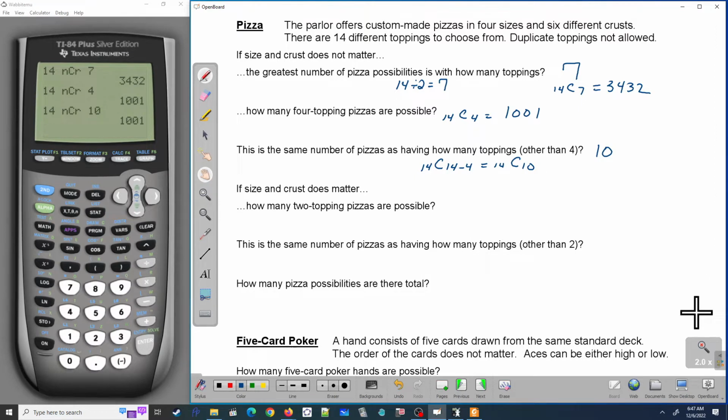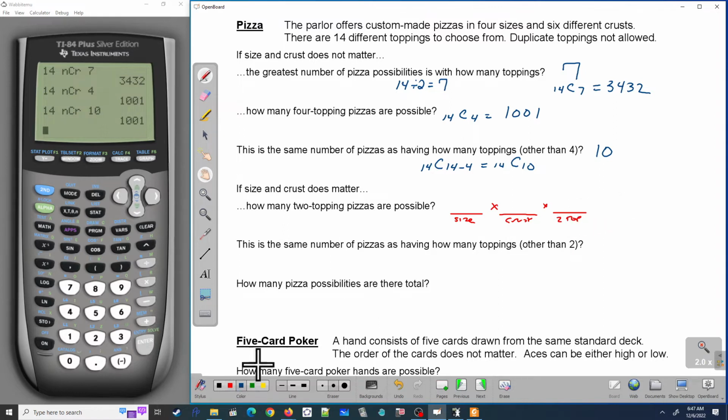Now let's go ahead and add our size and crust options as well. And I would like to know how many 2-topping pizzas are possible. So in some respects, we're going to do the multiplication counting principle because I'm going to need to determine the size. I'm also going to need to determine the crust. And then I'm going to need to determine the number of ways of doing 2 toppings.